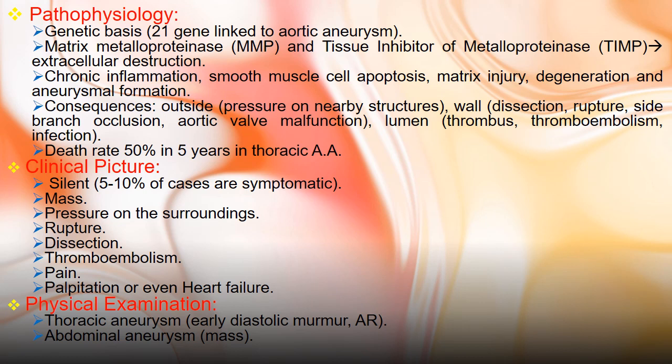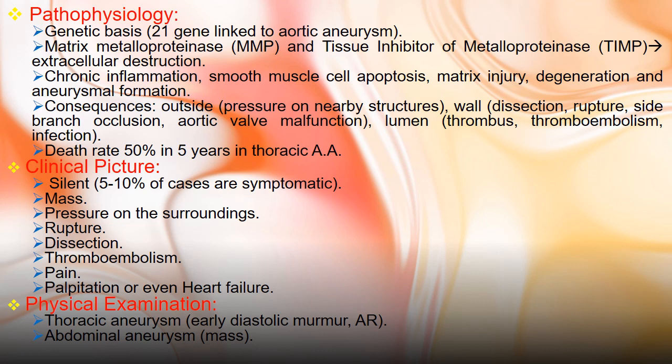And this is the role of TGF beta. It causes more apoptosis and more degeneration of the wall of the aorta. The consequences from outside, the aneurysm will cause pressure on the nearby structures. At the wall, it will cause dissection, rupture, and side branch occlusion, or even aortic valve malformation, especially at the annulus, causing aortic regurgitation.